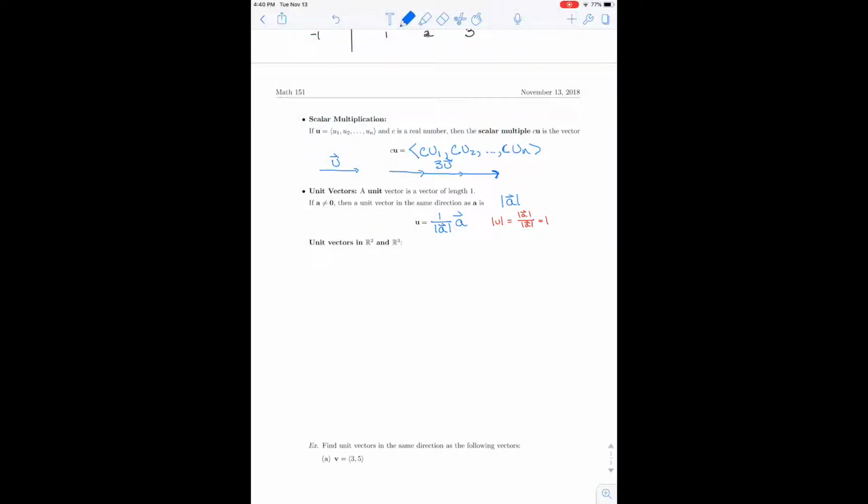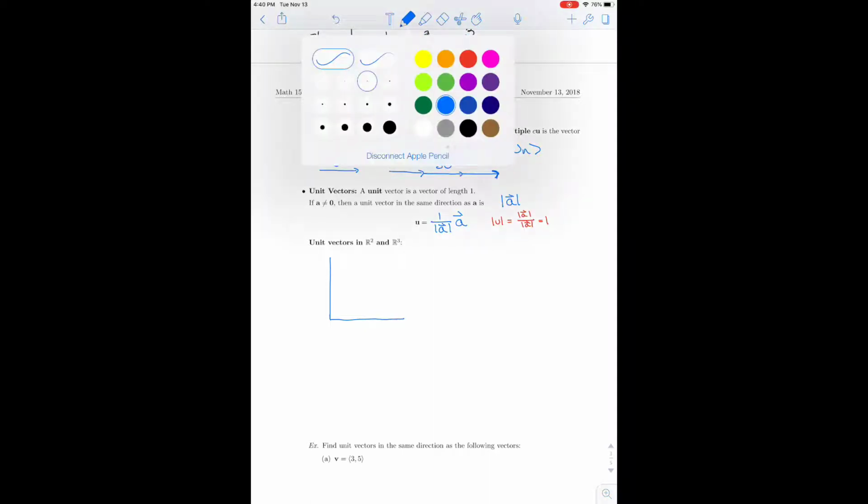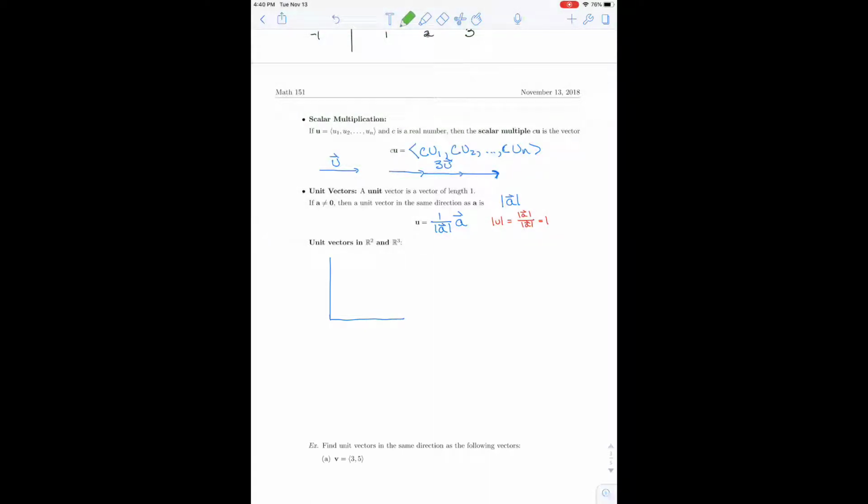There are some important unit vectors in the plane R2 and in 3 space R3. So I want to talk about those. In R2, there are 2 important unit vectors, and we refer to them as i and j. i is a unit vector that points in the x direction, and j is a unit vector that points in the y direction.